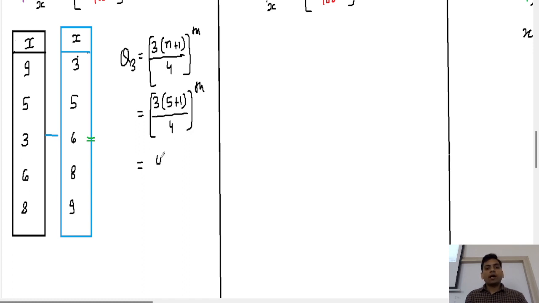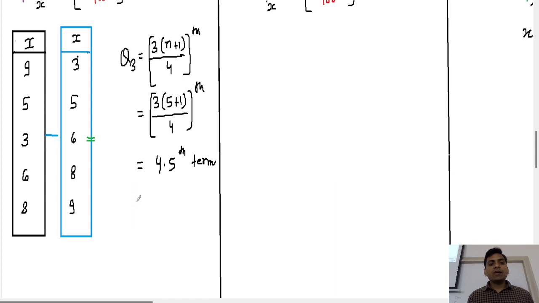Clear? So your answer is the 4.5th term. This is the fourth term, this is the fifth term, so your answer lies between the fourth and fifth term. You will get more than 8 because your answer is 4 point something.